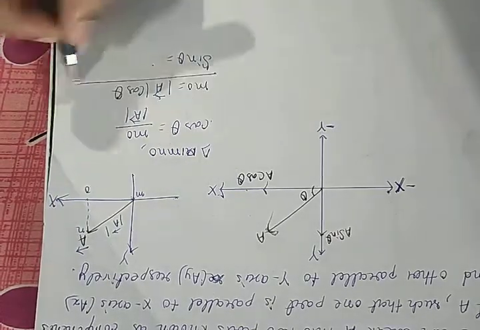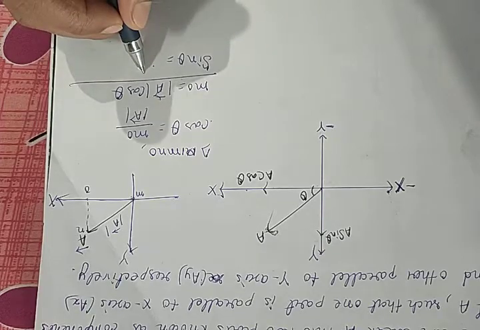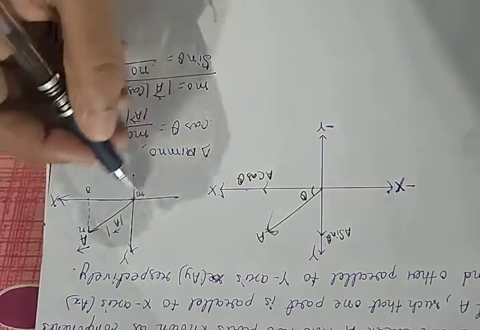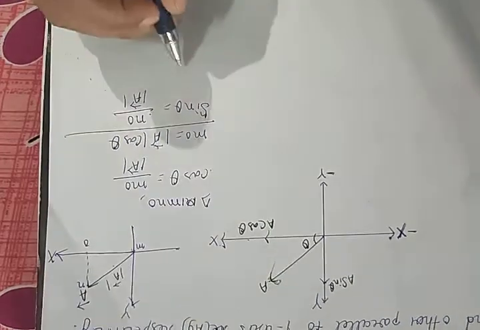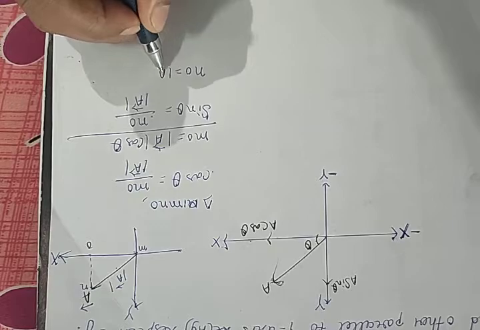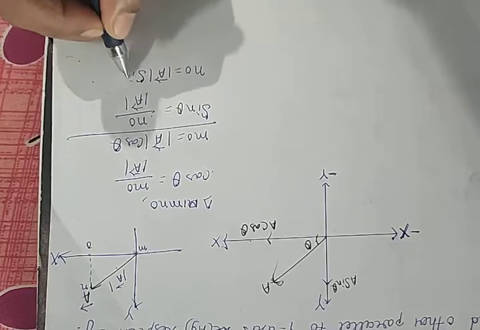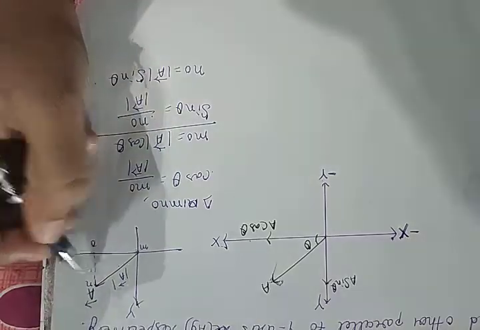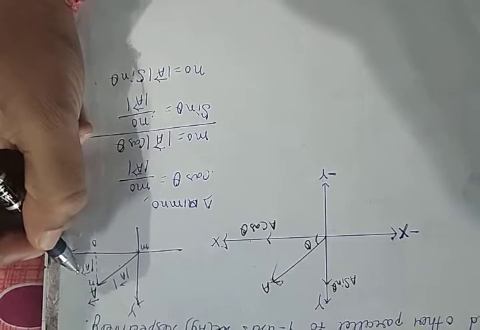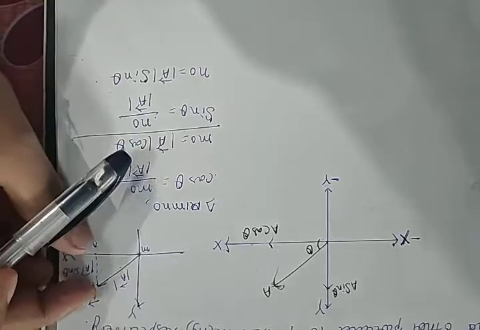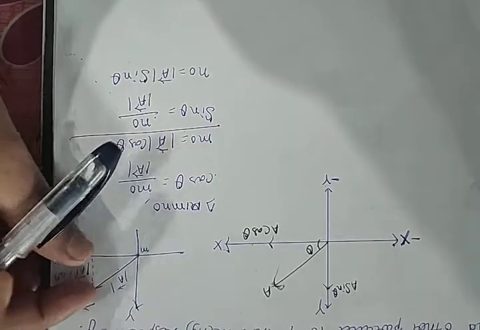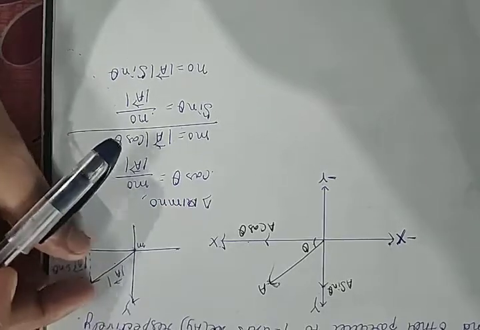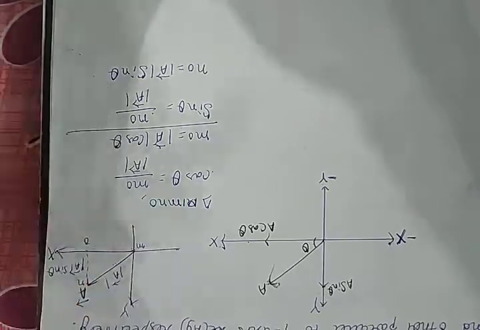Perpendicular is NO, and the value of hypotenuse is mod of A. So from here you can say that NO is equal to mod A sin theta. So the value of this NO is mod A sin theta. This part is parallel to your y-axis, so this is called your y component. This is your sin component.